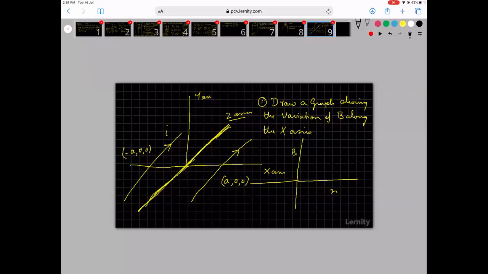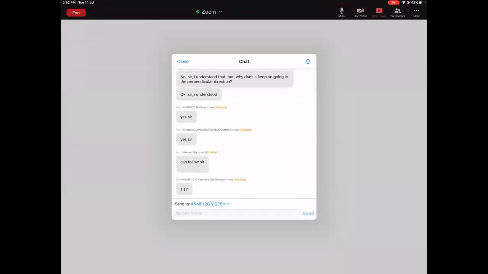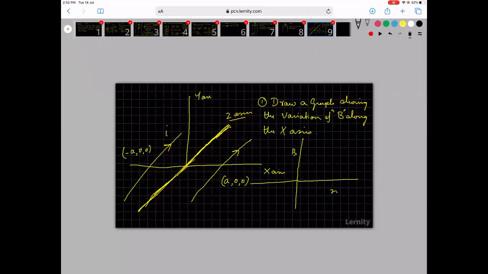Now draw a graph showing the variation of B along the x axis. I'll wait for 2 minutes before you try, and then I'll do the work.